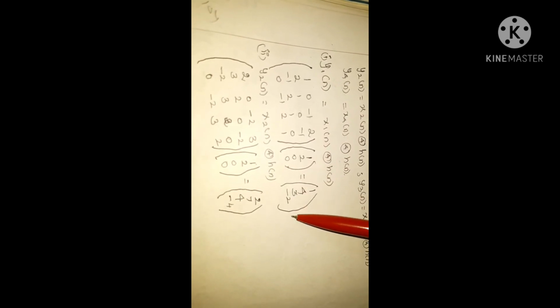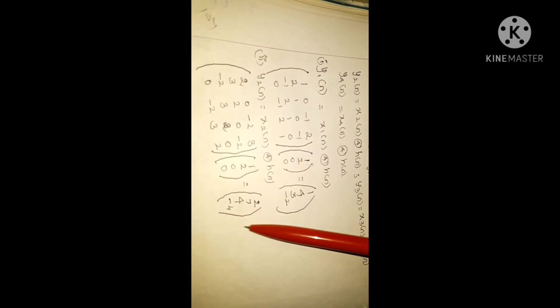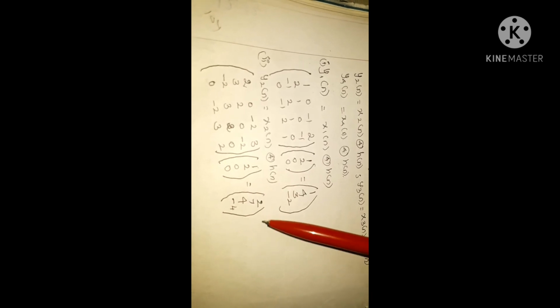So x1 of n is 1 2 minus 1 0, and we write it as a column matrix, where the 0 goes up and the balance goes down, then minus 1 goes up and the balance goes down, and so on. Then h of n is written. With matrix multiplication, row times column and adding the values, you will get 1 4 3 minus 2, the first output. Similarly 2 0 minus 2 3 with 1 2, you add it, and you get y2 of n.